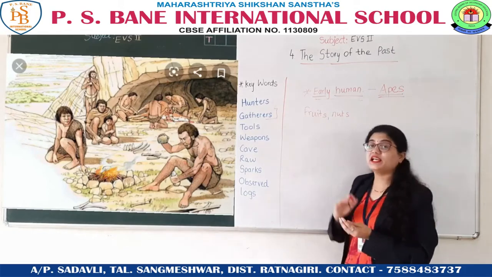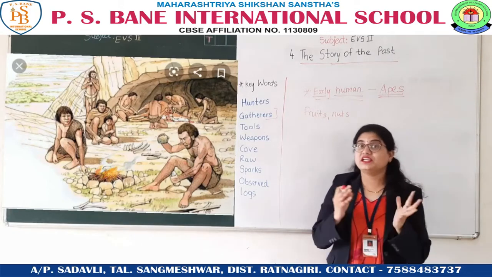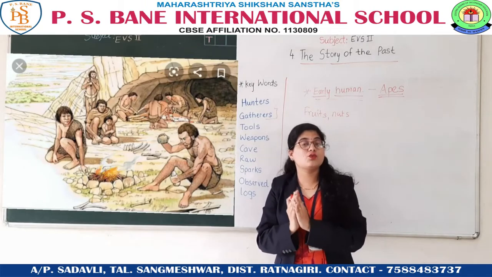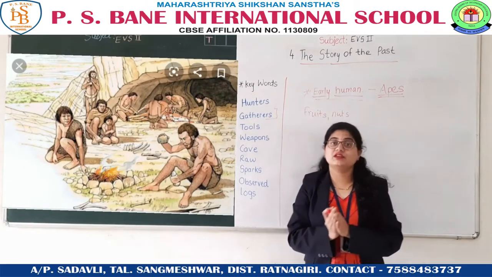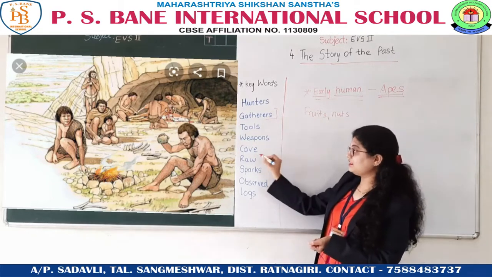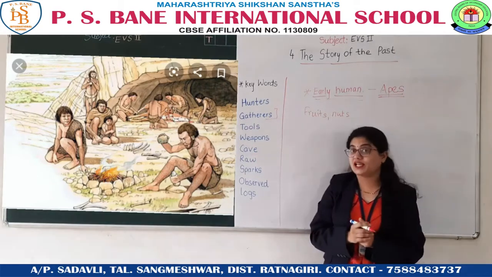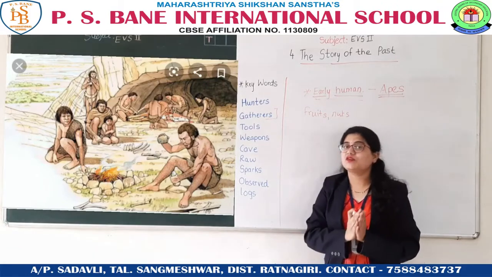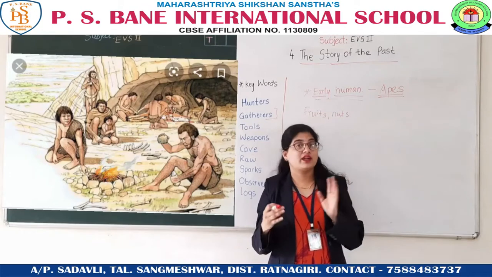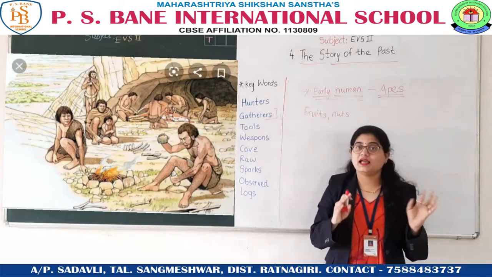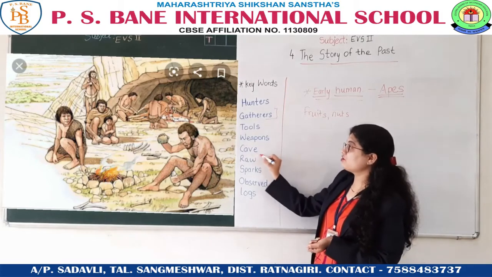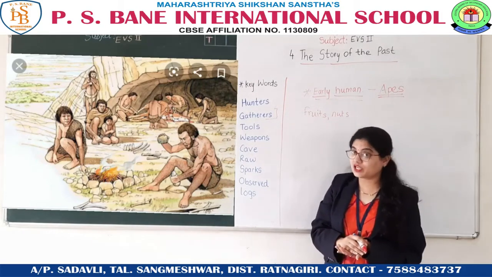These caves protected them from different things such as wind, wild animals, and bad weather. These caves protected early humans from wild animals, wind, heavy rainfall and also harsh sunlight.